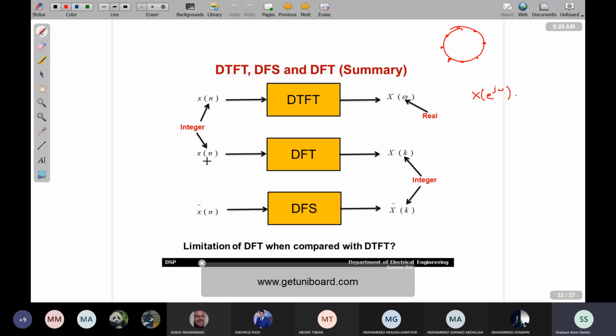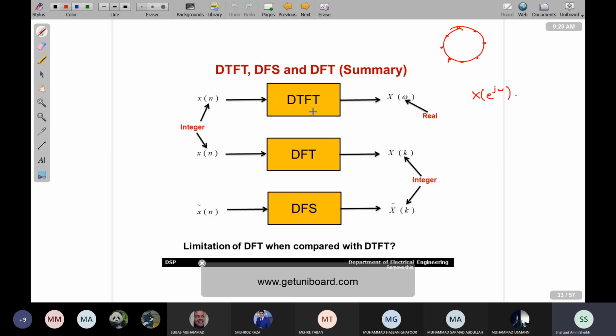This is for finite length sequence, and that's defined for periodic sequences. यहाँ पे आपको एक finite length sequence मिलेगा at the output of the DFT block, और at the output of the DFS block you will be getting again numbers, but these numbers will be periodic with the same period, जिस पीरियड के साथ x tilde of n था उसी पीरियड के साथ आपका x tilde of k होगा, and one period of that is in fact x of k.